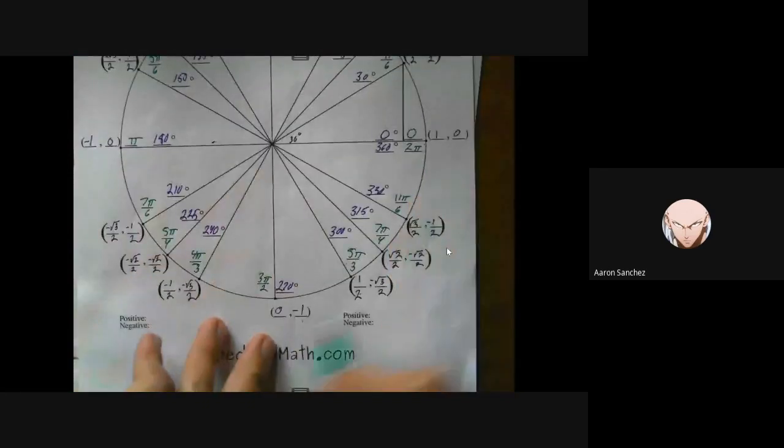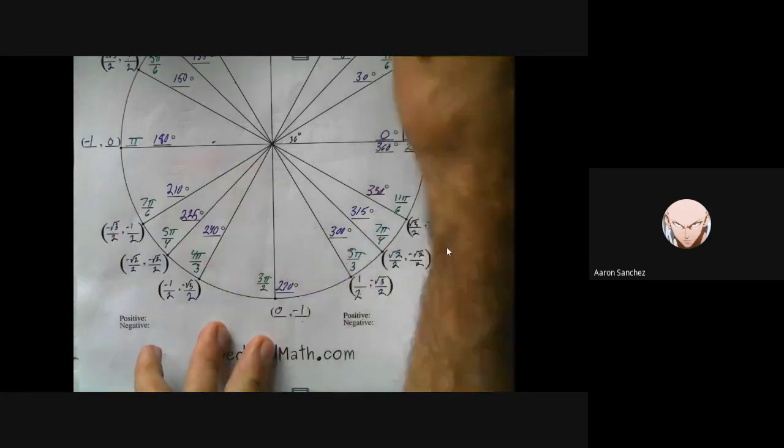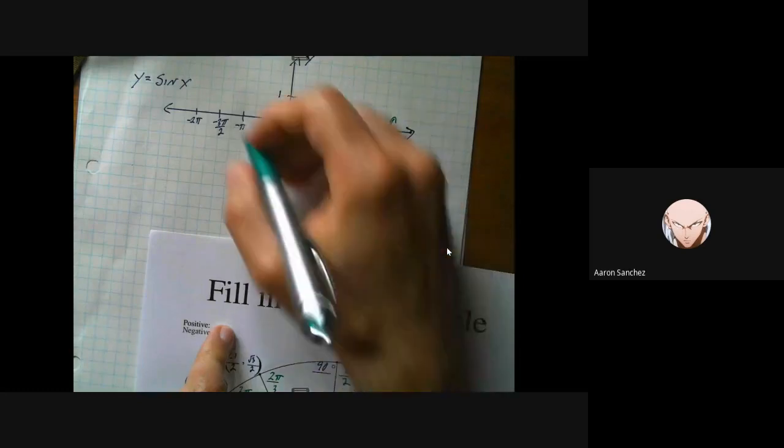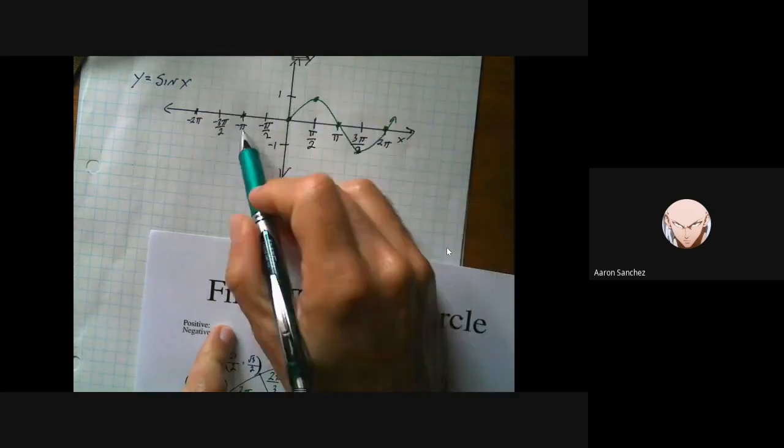Now to graph the negatives, I'm going to go in this direction. This is negative pi over 2, and this would be negative pi. My zeros are again going to be negative pi and negative 2 pi.